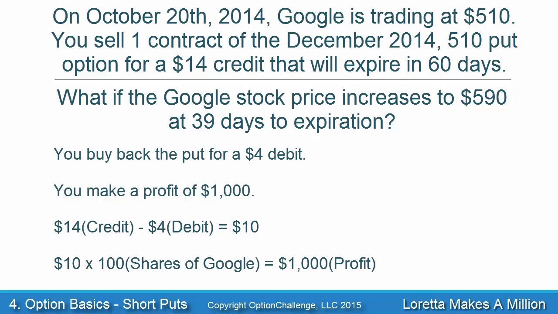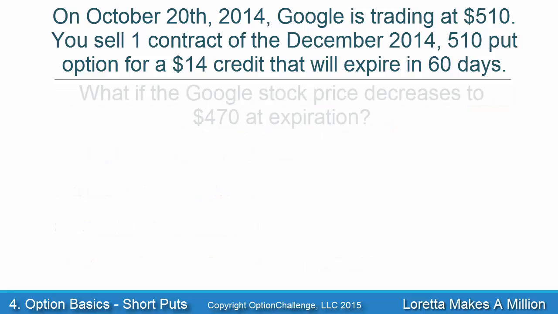You subtract the $4 debit paid to buy back the put from the $14 credit received when you sold the put, which equals $10. $10 times 100 shares of Google equals a profit of $1,000. You do not make the maximum profit of $1,400, but you are out of the trade early and eliminate the risk of the position being exercised.